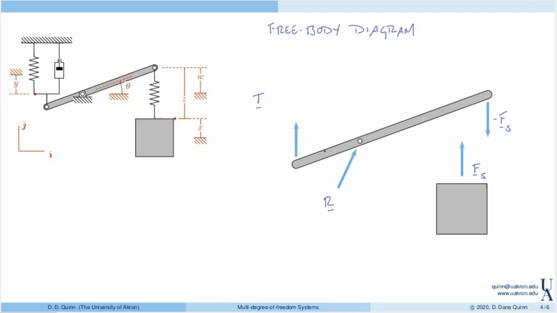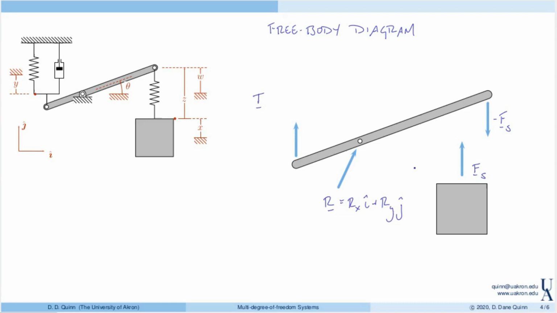So now let's just go through the forces one by one and write them in terms of the coordinates if they are given by constitutive relationships, or just identify unknowns. So the reaction force here, I don't know anything at all about it. So I'll just say that it's Rx in the i direction plus Ry in the j direction.